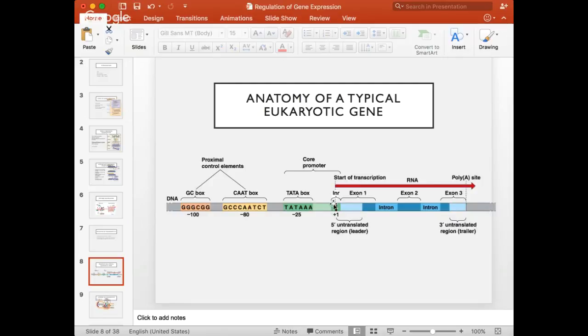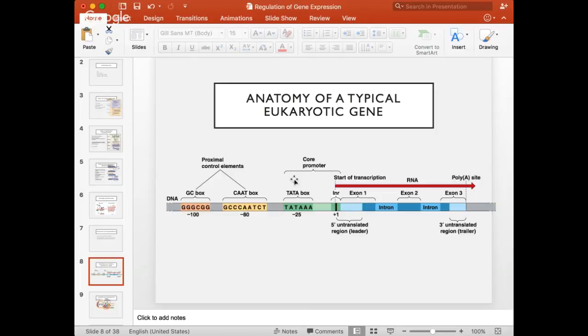we have the components found on a eukaryotic gene: the introns, the exons, promoter region, transcription start site, and the enhancer. So this diagram over here just shows all the parts of a eukaryotic gene. I'm going to explain in detail what these parts do.